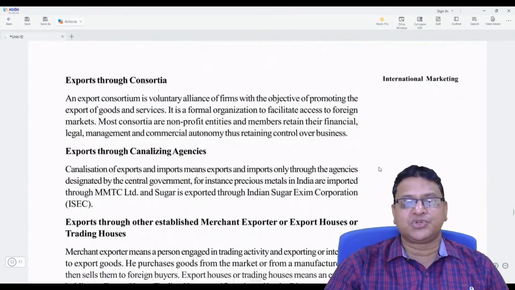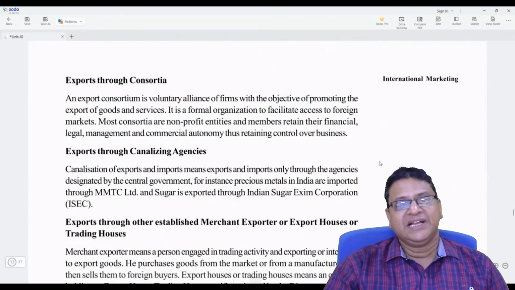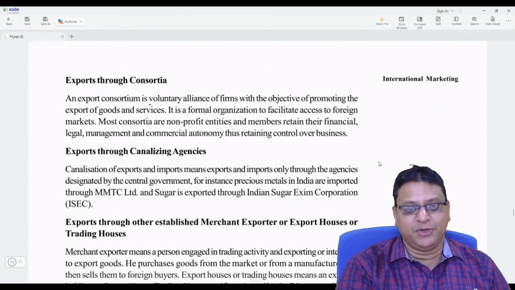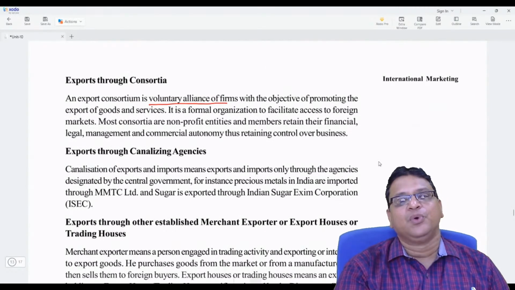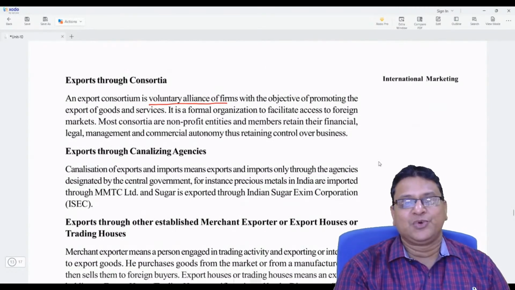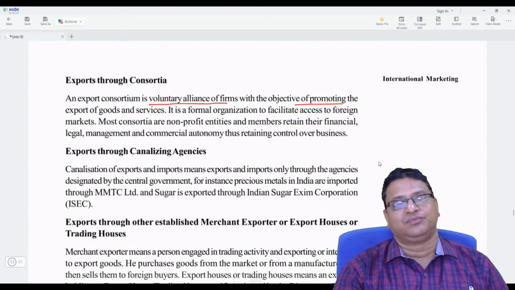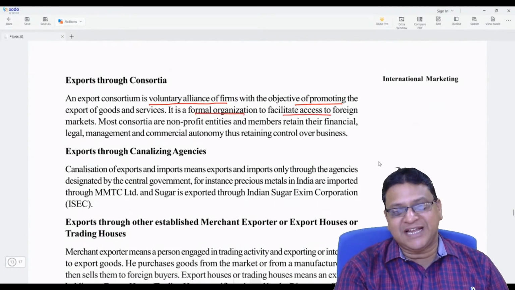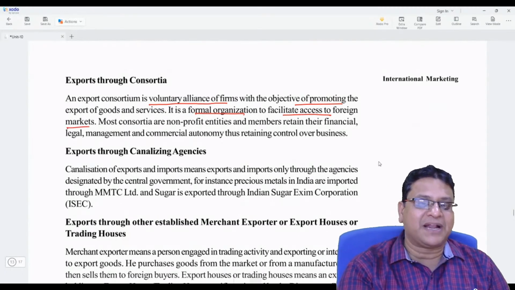Export through consortia. What is consortia? It's a voluntary alliance of firms. There will be voluntary alliance of firms which combine together to export goods. It's a formal organization to facilitate access to foreign market.